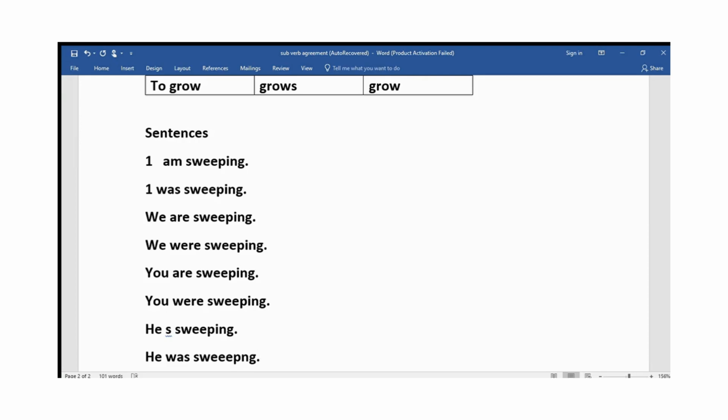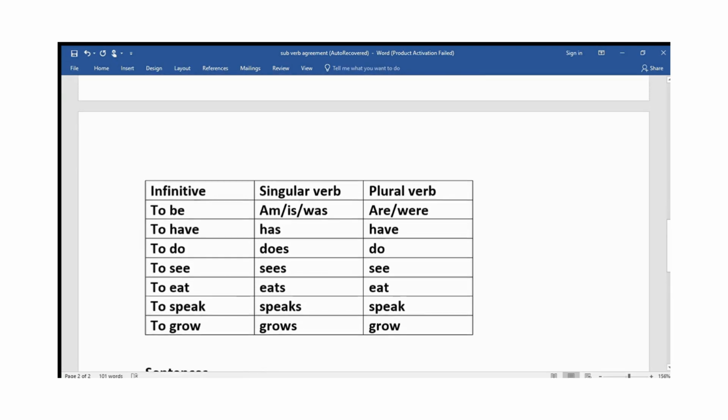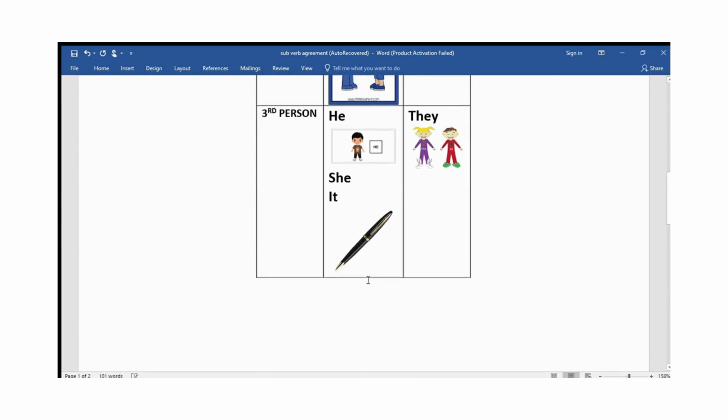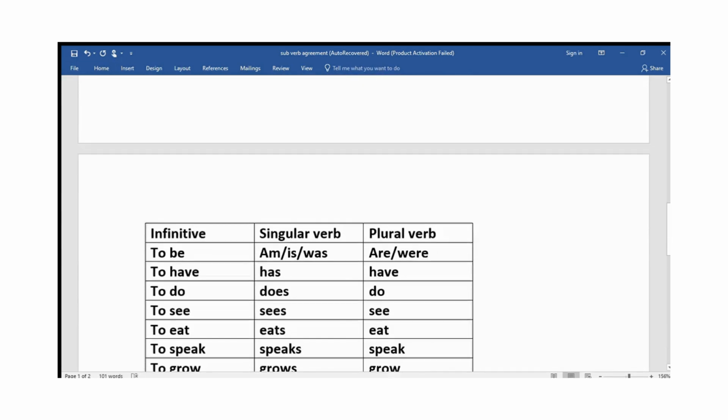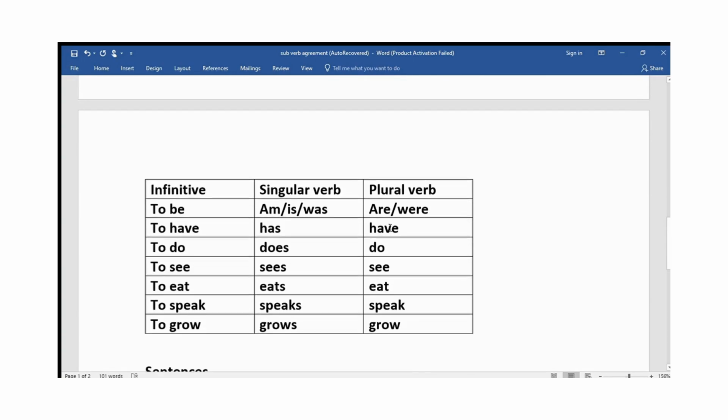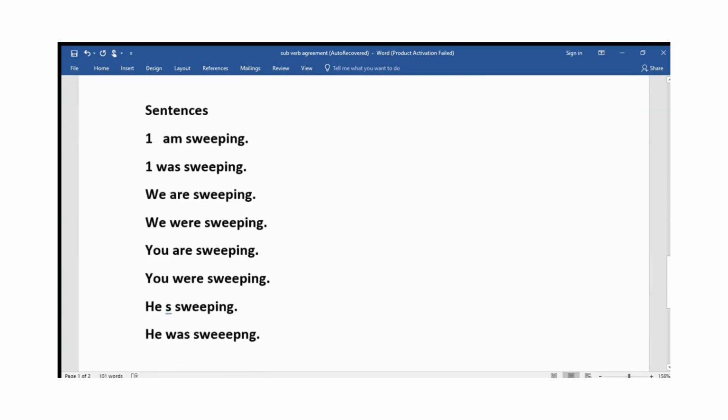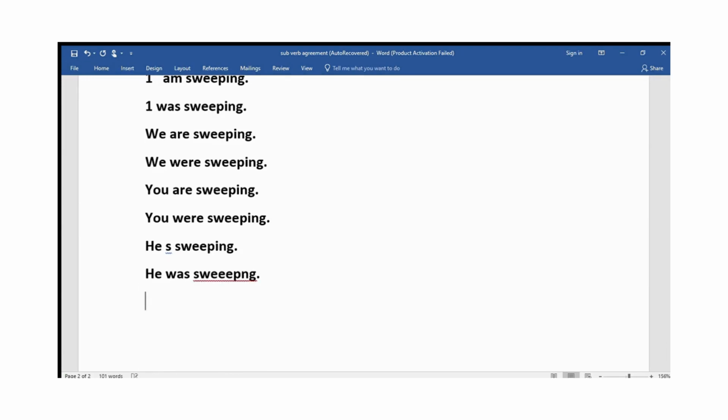Now for the plural, which is they, third person plural they, what will the verb become? The verb will become are for the present tense and were for the past tense. Thus we have they are sweeping.